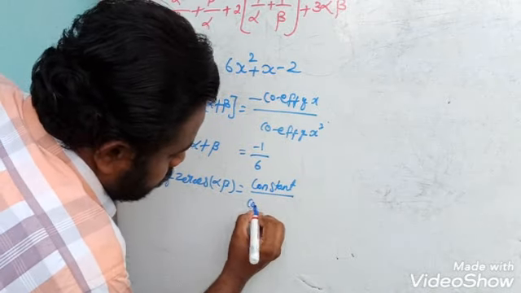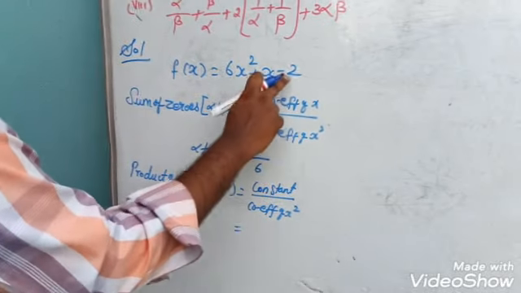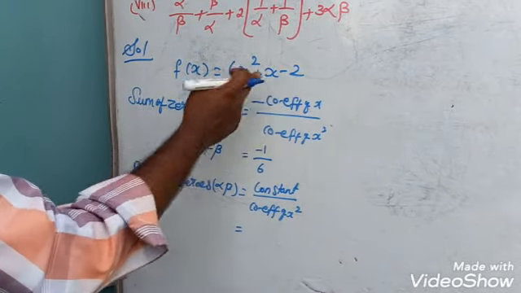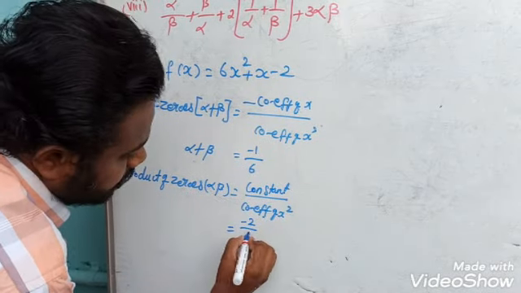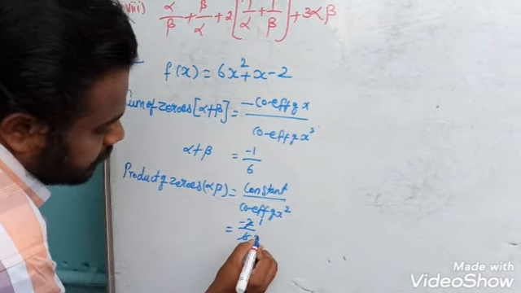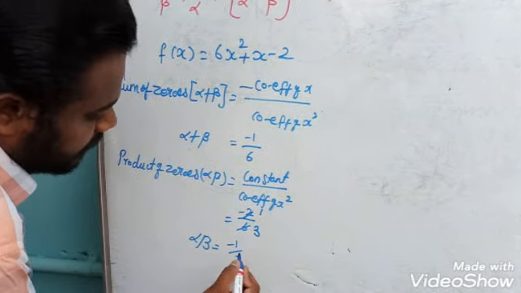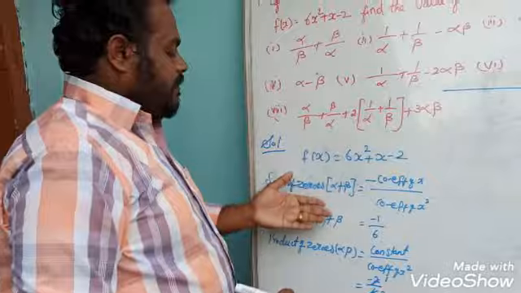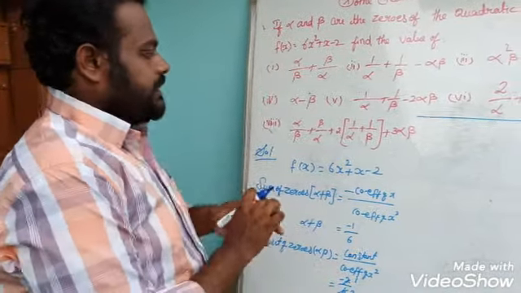The constant term is minus 2 and the coefficient of x square we already know is 6. So minus 2 divided by 6: 1 2 is 2, 3 2s are 6. So the product of zeros, alpha beta, equals minus 1 by 3. Now we have the sum of zeros and the product of zeros.